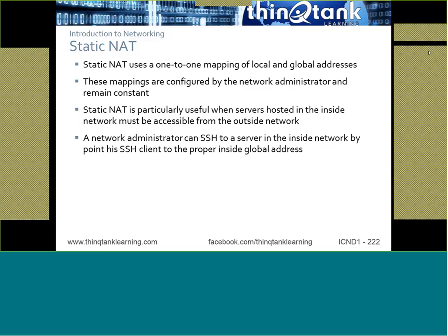If you have servers that are hosted inside your network, and you want clients on the internet to be able to access those servers, then you need a static NAT scenario, because static NAT translations are permanent. They can be used for either inbound or outbound traffic flows. So static NAT translations always exist in the table, in the database, and they're permanent.